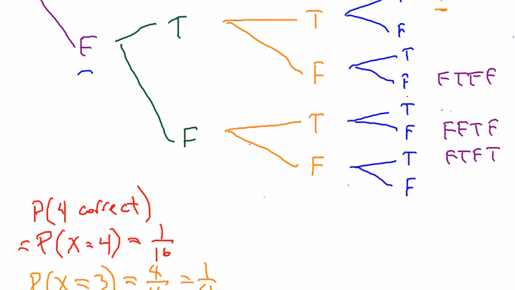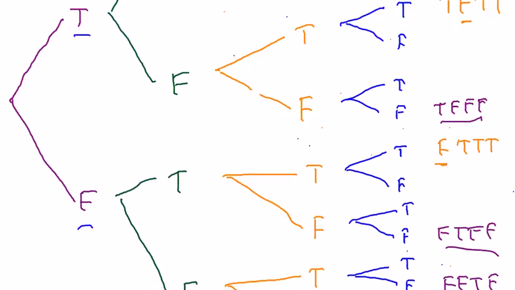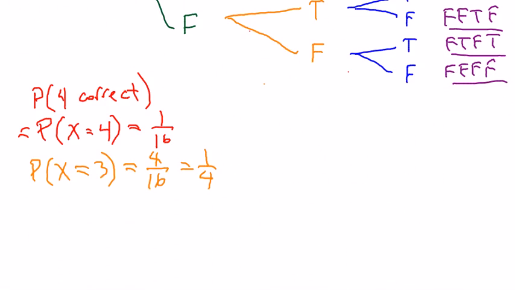And then it did say fewer than two correct, so we could also get none of them correct. So we could get false, false, false, false. Maybe I should have done check marks. I should have done x, x, x, x or something. Next time. So I count 1, 2, 3, 4, 5 ways that he could get fewer than 2 correct.